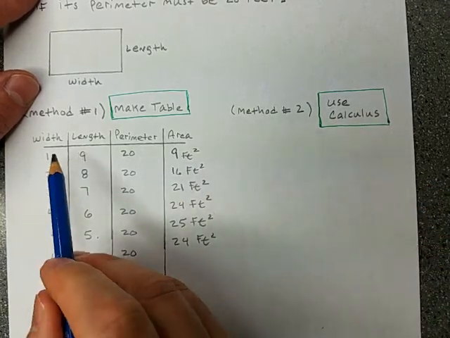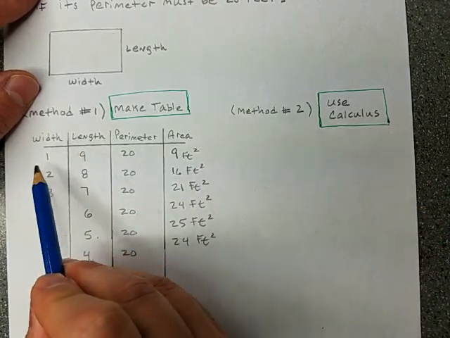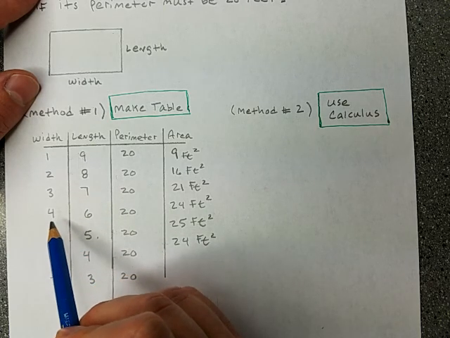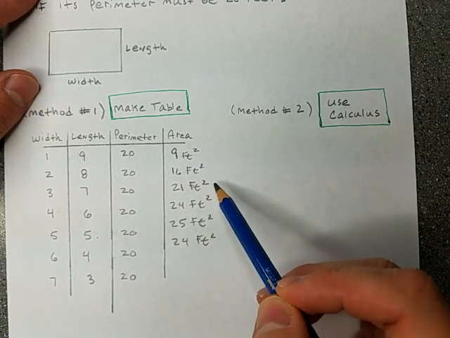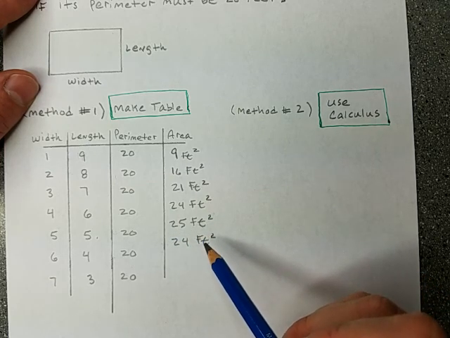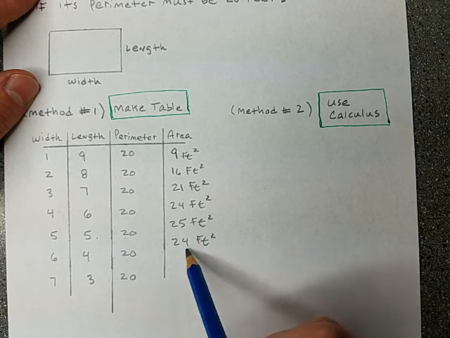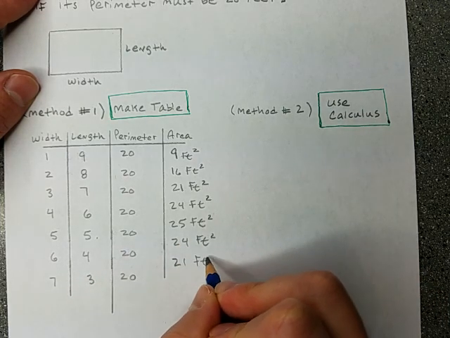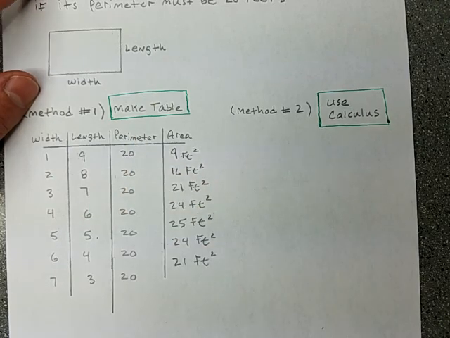As we started from this one, with the width of 1 foot, and we gradually opened up more width, the area got bigger and bigger and bigger, and then past a certain point, it will start to decline again. 6x4, 24 square feet, 7x3, 21 square feet. We're just going to get, obviously, all those values all over again.